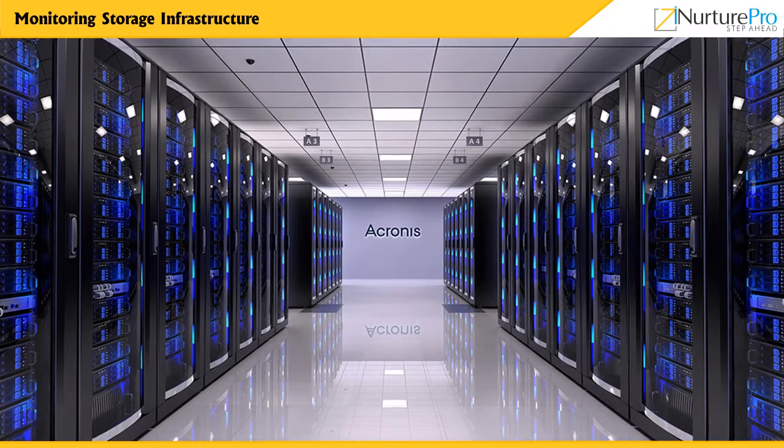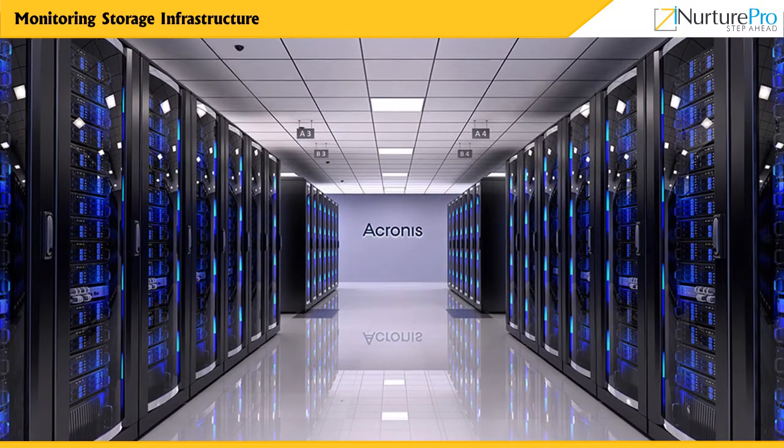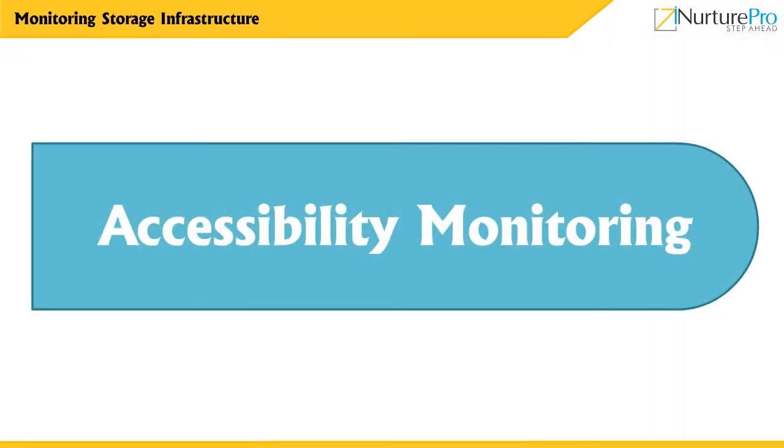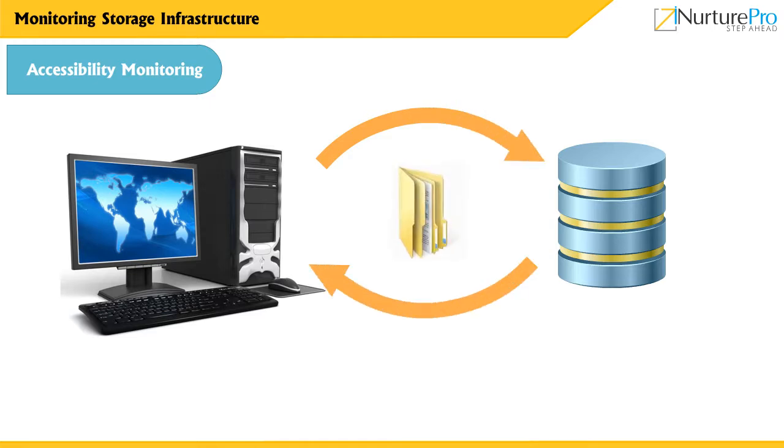Now, let us understand the key parameters that should be monitored in a storage infrastructure. Accessibility monitoring refers to availability of the components to perform a desired operation. This ensures the availability of a component when it works without failure at any given point.